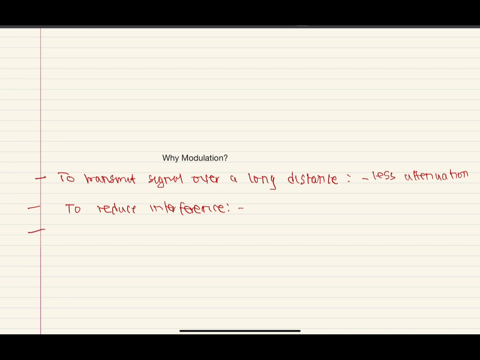And the next one is to allow multiplexing. Multiplexing is a process of transmitting multiple signals over a single channel, right?